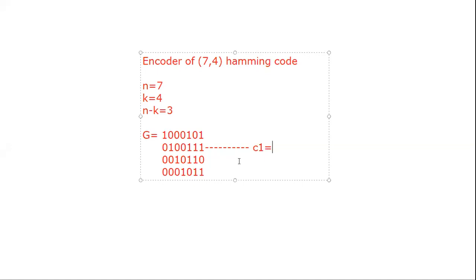Actually, C is equal to M into P. C1 equals M1 XOR M2 XOR M3. Next, what about C2? C2 equals M2 XOR M3 XOR M4. Okay, right?